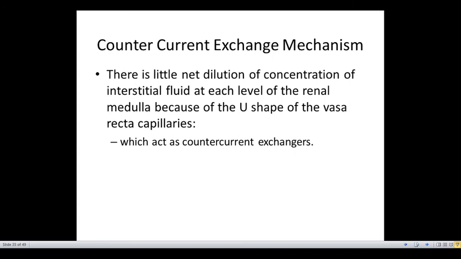So there's little net dilution of concentration of interstitial fluid at each level of the renal medulla because of the U shape of the vasa recta capillaries, which act as countercurrent exchanges, as we just studied.